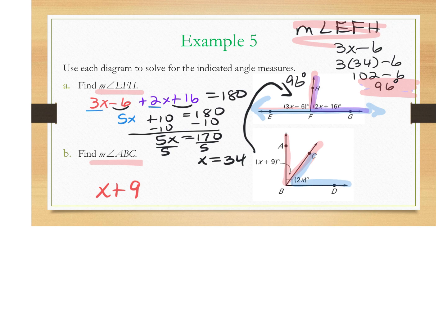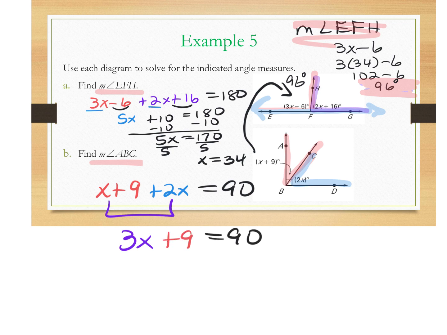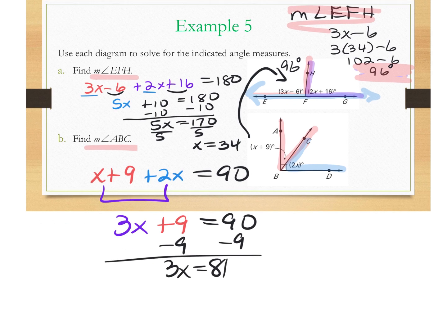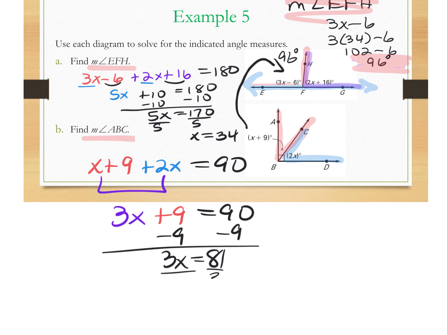And I'm going to set it equal to 90 degrees. Going to combine my like terms. 1x plus 2x is 3x. Plus 9. And now I solve. Subtract 9. 3x equals 81. Divide by 3.